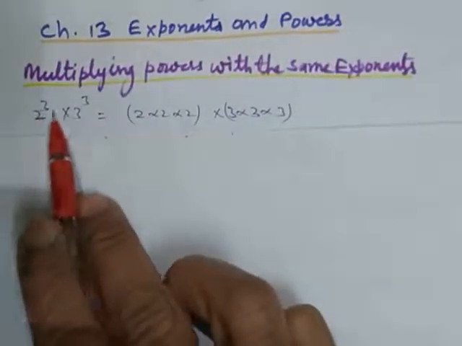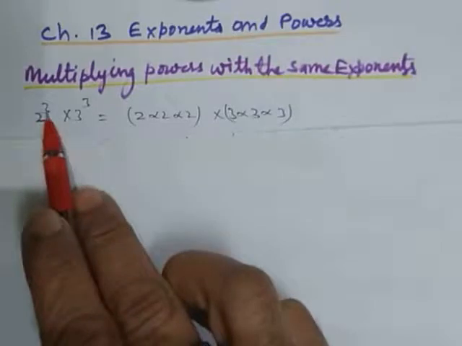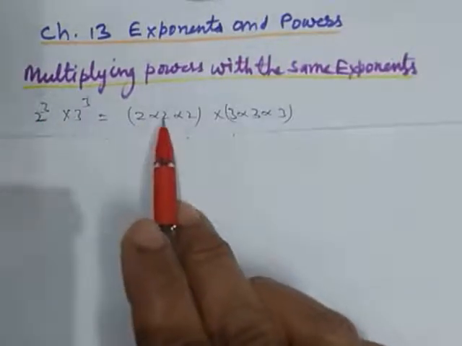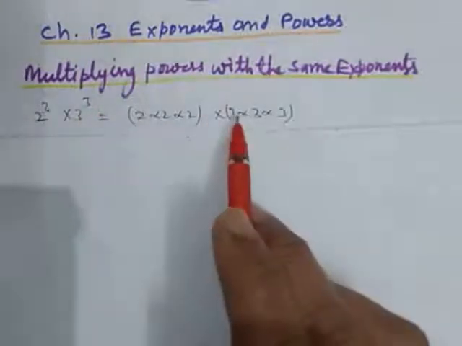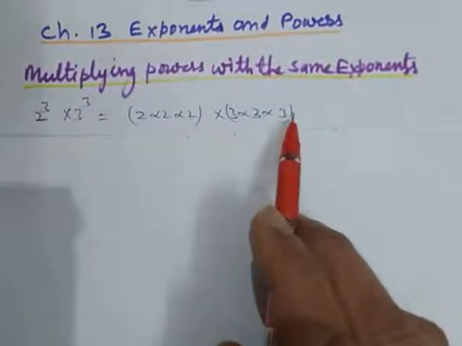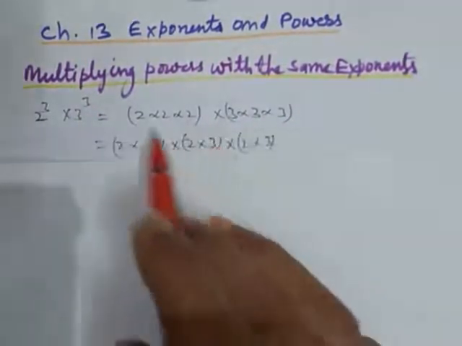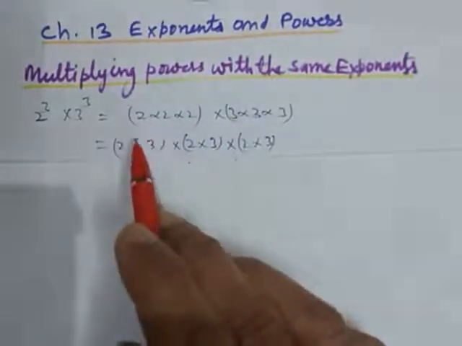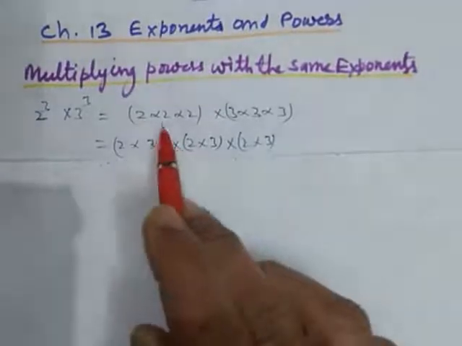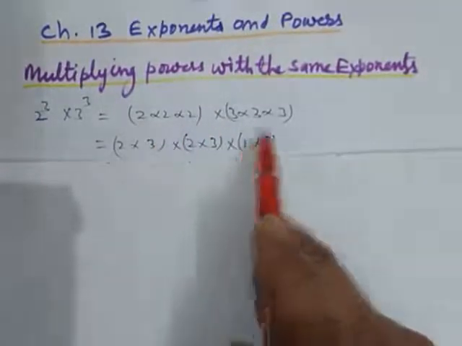So first we expand them. 2 raised to the power 3 can be written as 2 into 2 into 2, 3 times, and 3 raised to the power 3 can be written as 3 into 3 into 3. Now we put together one from each. So 2 into 3, and 2 into 3, and this 2 into 3.